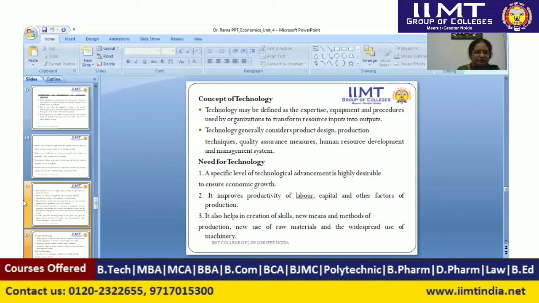Need for technology. A specific level of technological advancement is highly desirable to assure economic growth. It improves productivity of labor, capital, and other factors of production. It also helps in creation of skill, new means and methods of production, new use of raw materials, and the widespread use of machinery.